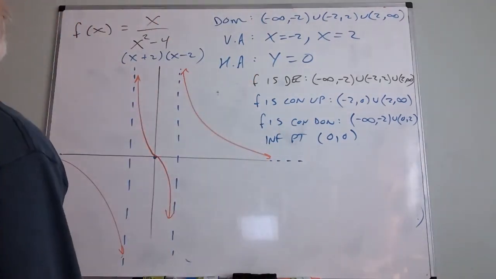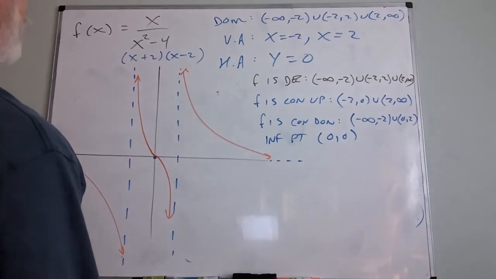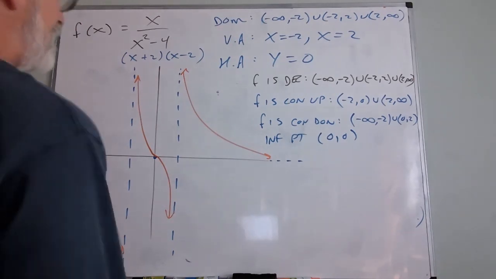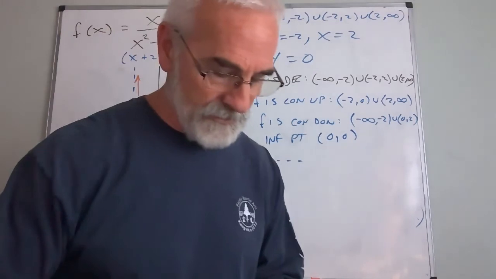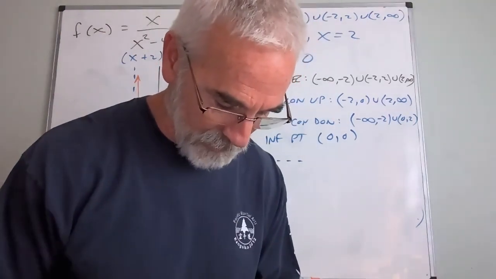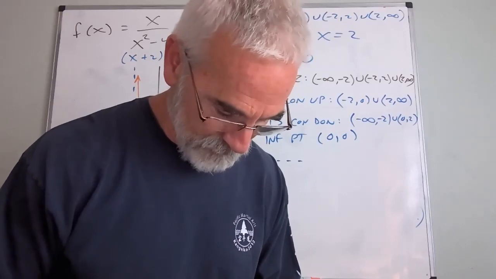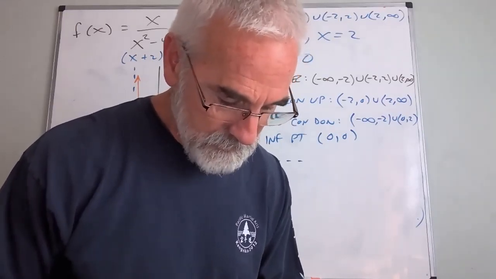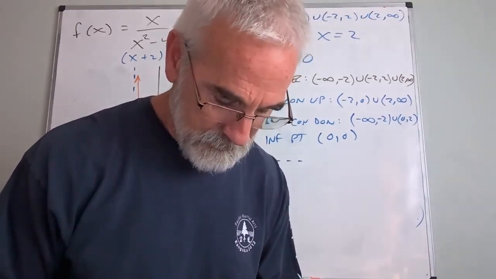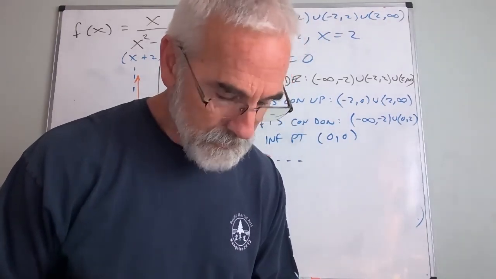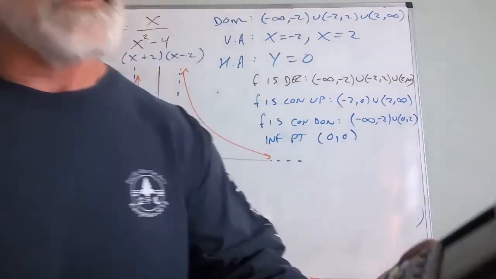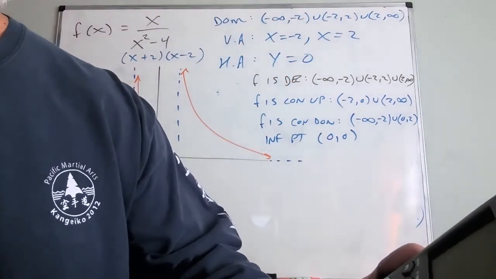So maybe we'll go, let's just go the standard -10 to 10. I think that's probably going to be enough, because I want to be able to see the little in between. Okay. Is it showing up yet?